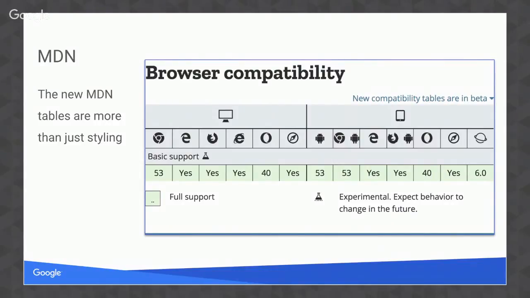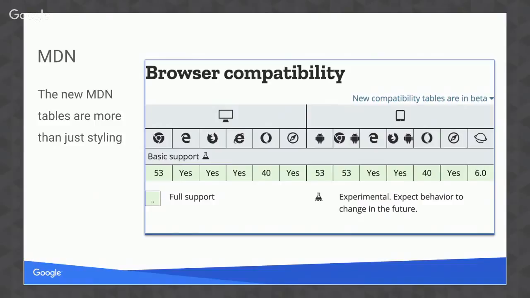Something else that you may not have realized about the new tables is there's more to this than just styling. Previously, these tables were hand constructed in MDN, and that had the problem that there was no gated quality check on this.